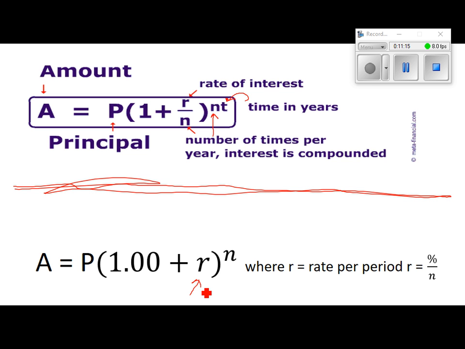Next time they'll say that R just stands for the percent. I'd rather it just stood for one thing all the way consistently through the book instead of something different each time. That's why this formula that the book uses, I'd rather not use it. It doesn't take that much to divide this. This formula looks a little tougher than this one, but there's really no difference.